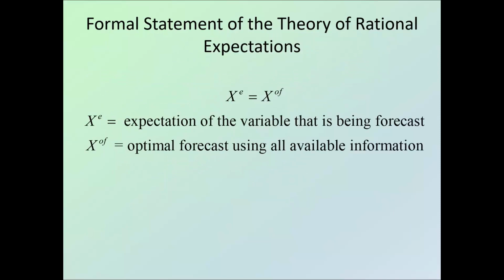Okay, so there are two types of expectation of price of stocks. So XE is the expected value of that price, and XOF is the optimal forecast value of the price. Now, instead of price being a nominal number measured in dollars, we can use returns. Now, what is a return?